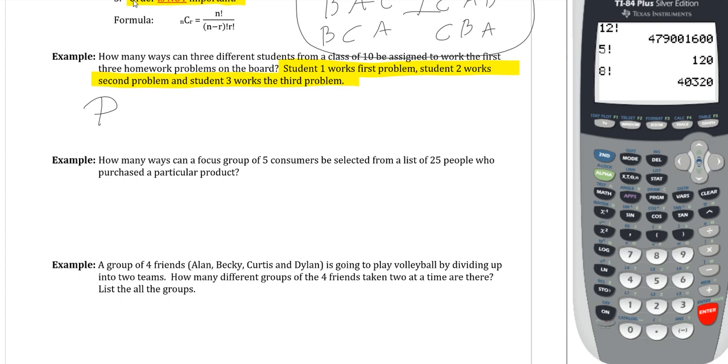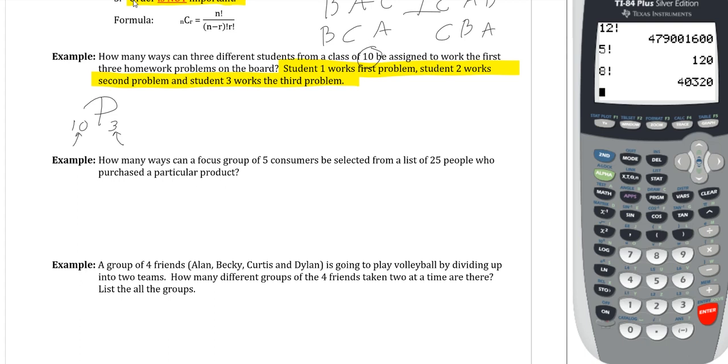Since it is a permutation, we then need to consider what the sample size is and what the amount of selections are. In this case, it says that this is selecting from a class of 10 individuals, so I have 10 students overall, and of those 10 students, I am selecting 3 to work problems on the board.